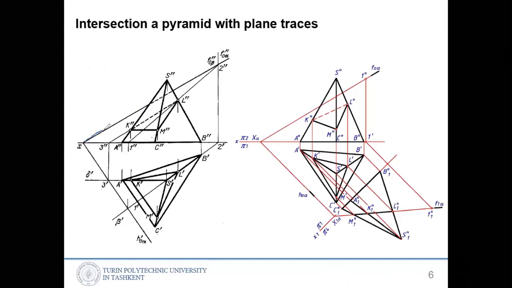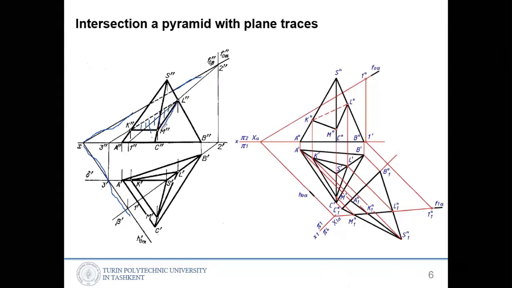So this trace is given. Okay, this trace is given, that means a plane. So the plane is given with plane traces, and we need to cut a pyramid. So how to find this surface or those lines?